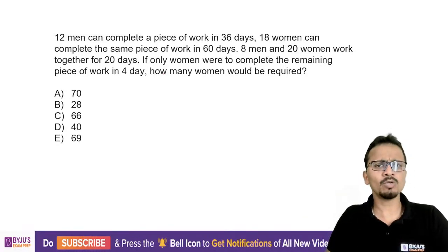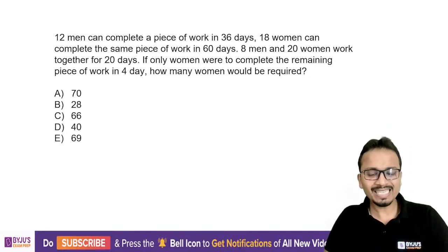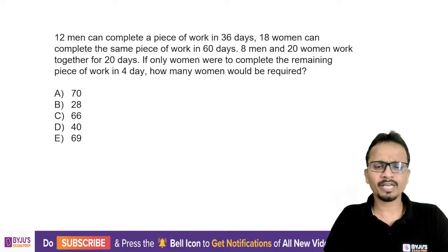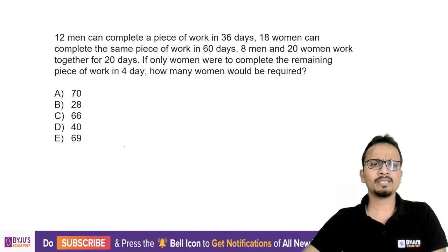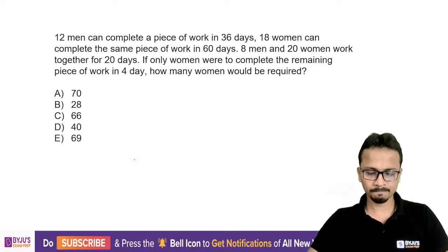So you'll have to find out how many women will be required. Now, a pretty easy question. If you do this question in a proper way, the way we do questions of time and work, then you will be able to get your answer in less than a minute.